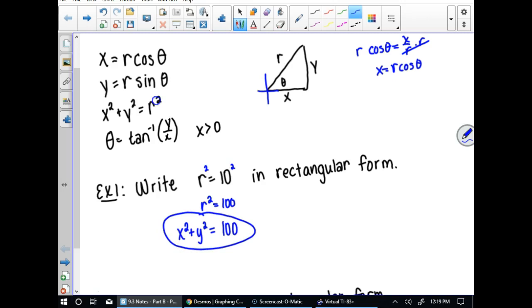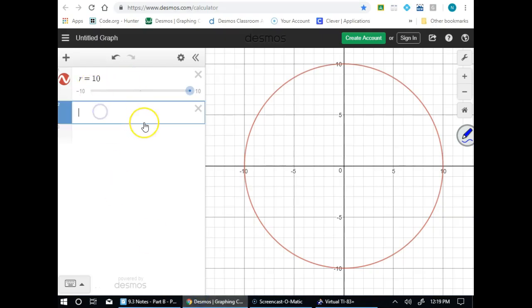The standard form of a circle usually looks like this. These right here in our notes are not, but whenever you have these on the test, they will be multiple choice. So you will have ones to choose from there. If I go over to Desmos and I graph x to the second plus y to the second equals 100, you'll see it's the same graph because it switched from red to blue whenever I did that.